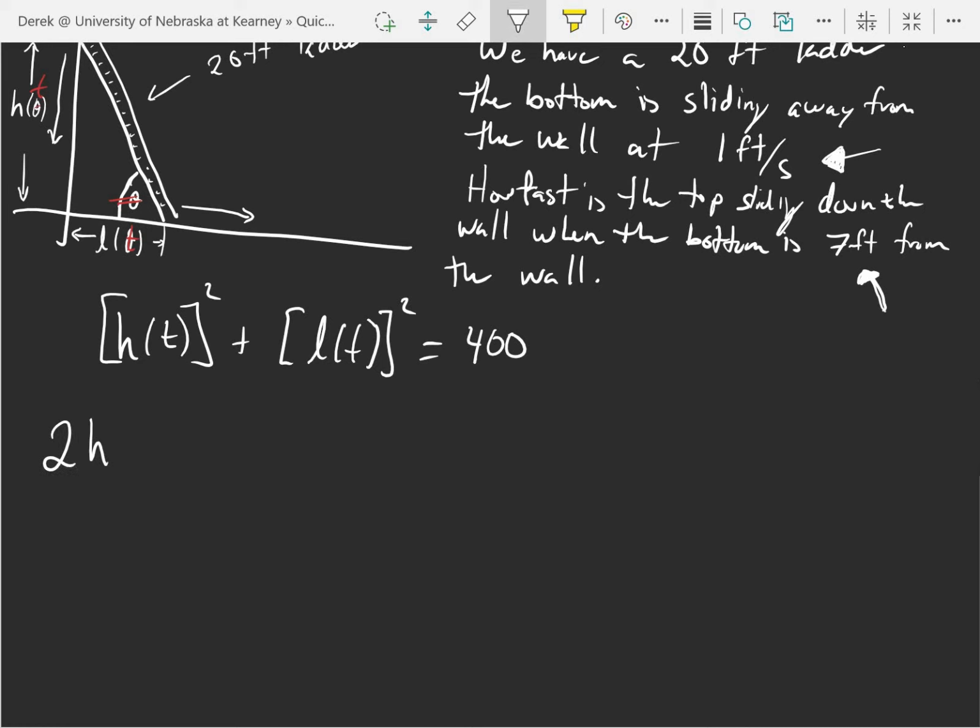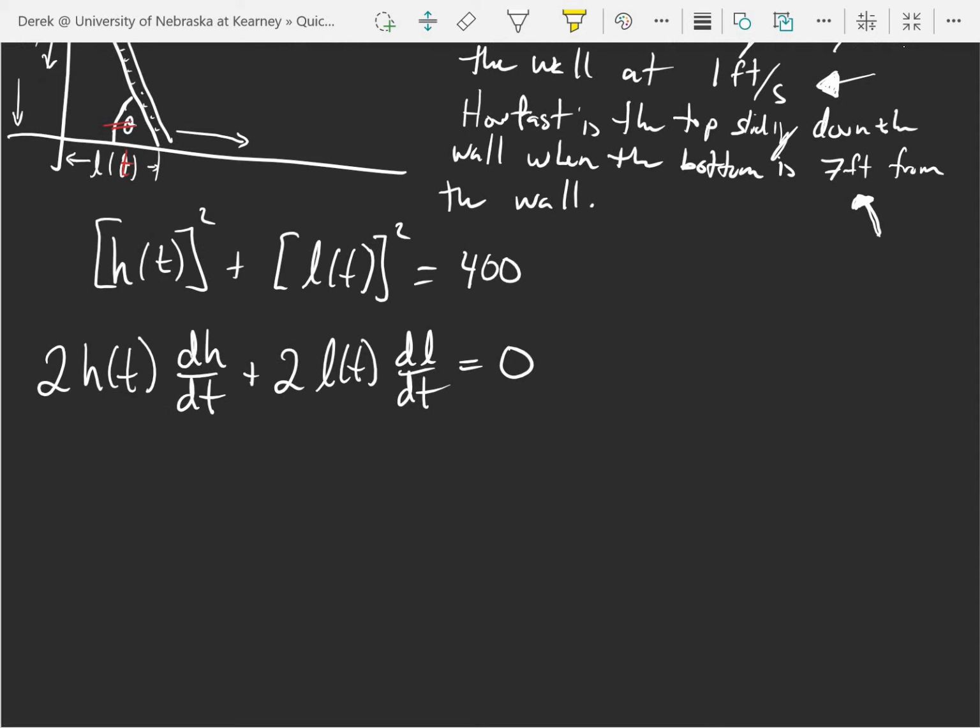I've got 2 h of t dh dt plus 2 L of t dL dt equals 0. Oh, so I can divide by 2 on both sides and get h of t dh dt plus L of t dL dt equals 0.